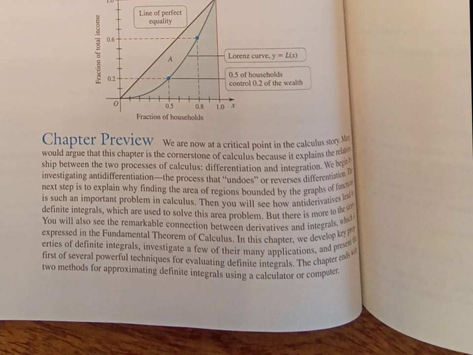We'll understand why finding the area of regions bounded by graphs is important to calculus. There's something called accumulated area that is going to do a lot for us. So again, please make sure you read that. But today we're doing a nice little ease into this whole idea.